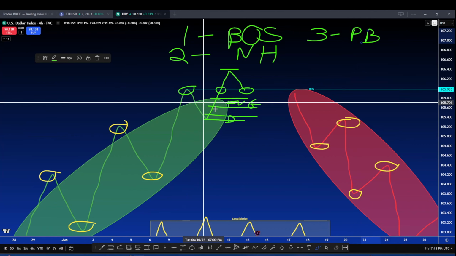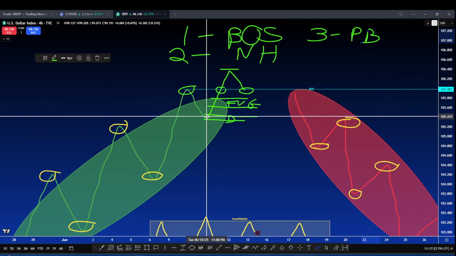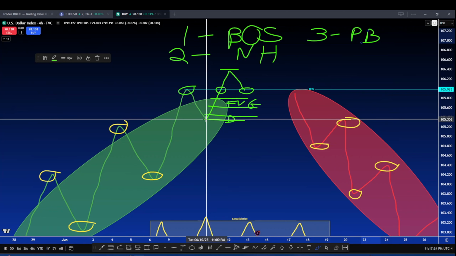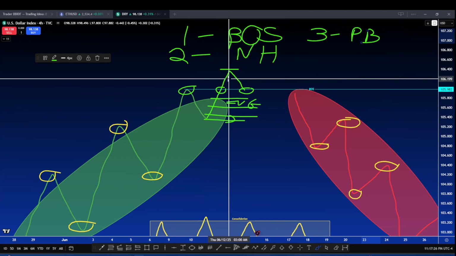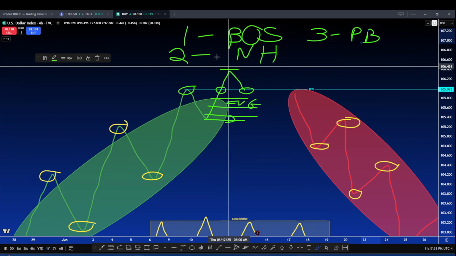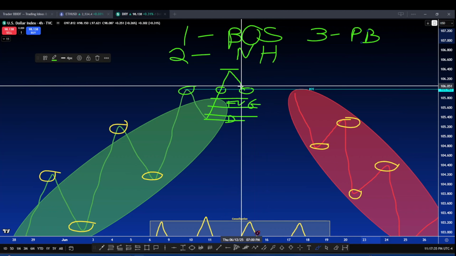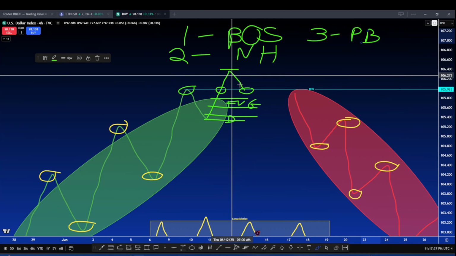So again, follow me. You get the break, hopefully with imbalance, with the fair value gap. You mark out your demand, the last bear candle before the bulls show up. And then you wait for the new high, NH, to be created. That happens. Now, price will eventually start the pullback phase.